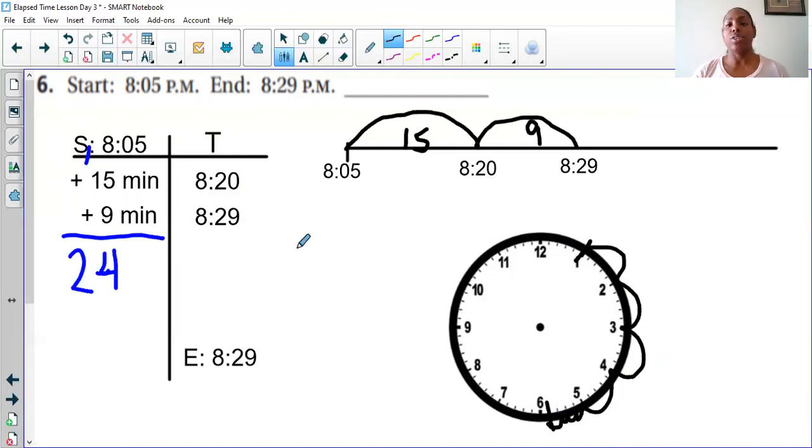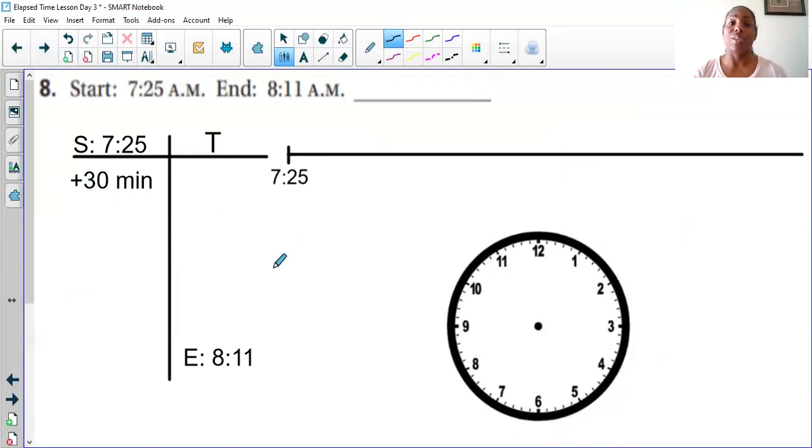So I just showed you 3 different ways that you can solve this problem. Am I telling you that you have to do all of them? No, I'm just showing you the way that you're probably going to prefer to use in order to be able to go from one time to another time for elapsed time.